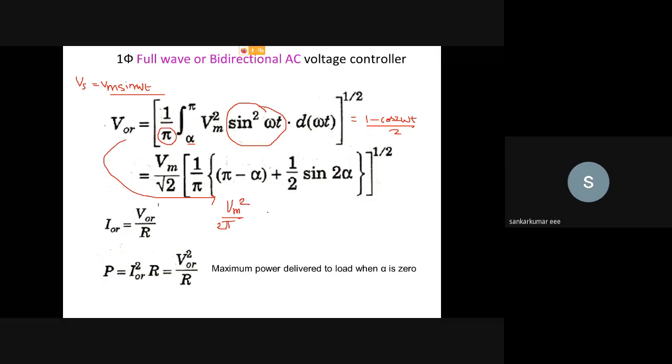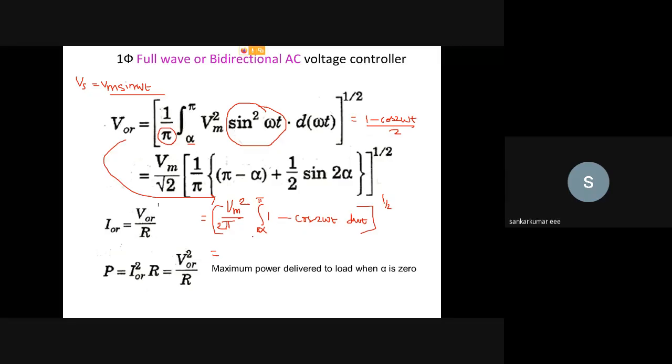The remaining thing will be 1 minus cos 2 omega t, to the limit of alpha to pi, d omega t, right? All to the power of 1 by 2, and we have to integrate this.